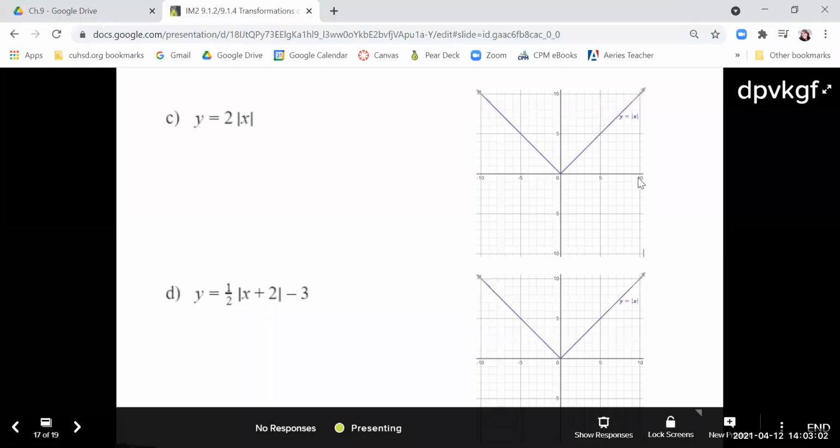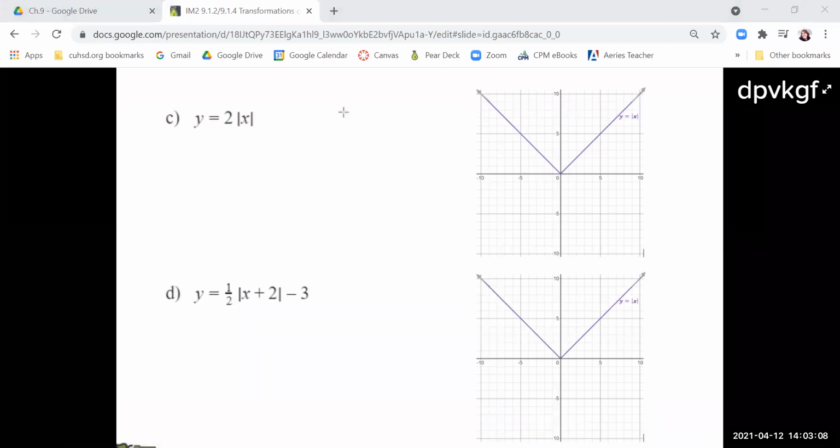All right, so now in example part C, you can see how here we have an A value that's changed and no H's and K's. Since A is equal to 2, our graph will be twice as steep.